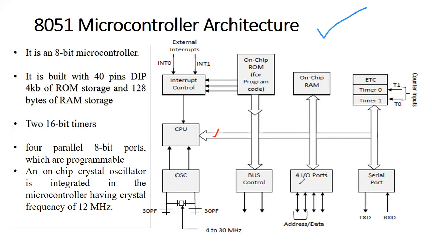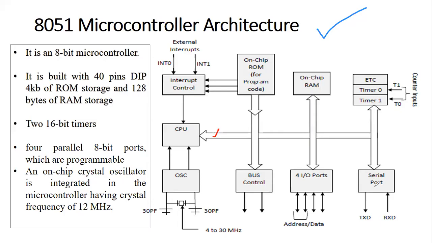Next, there are 4 IO ports. In the pin diagram, we have seen there are 4 ports: port 0, port 1, port 2, port 3, and all ports have 8 lines. These are connected having address and data bus, multiplexed address and data bus.